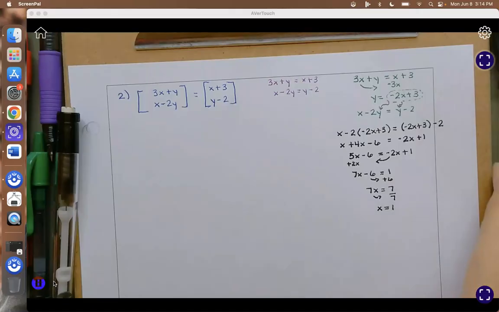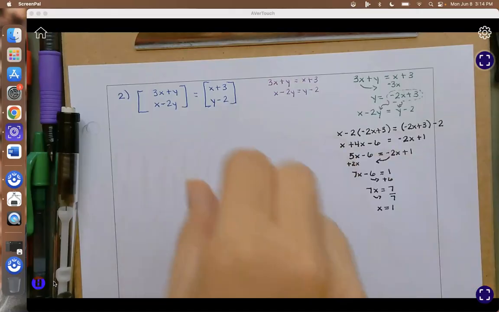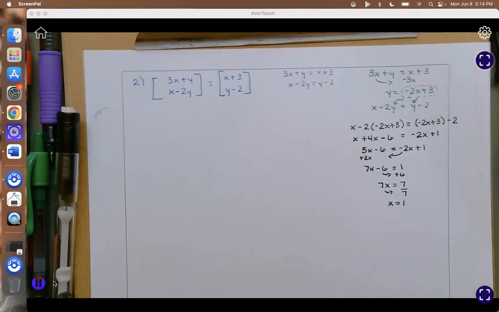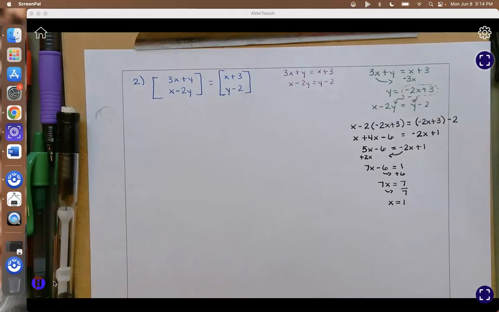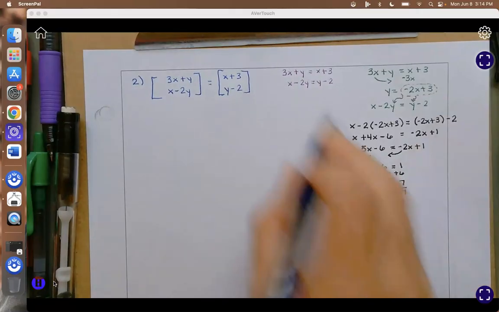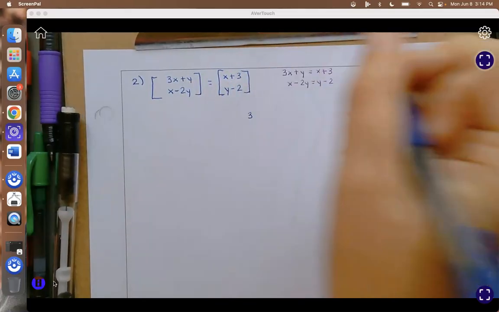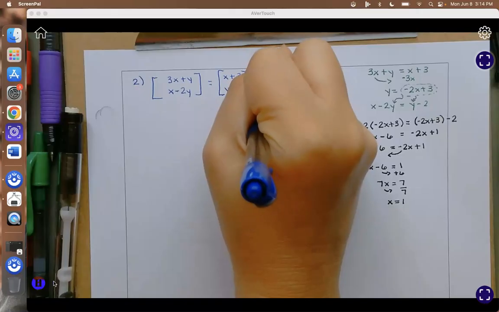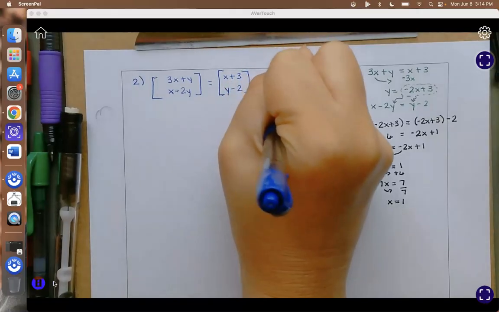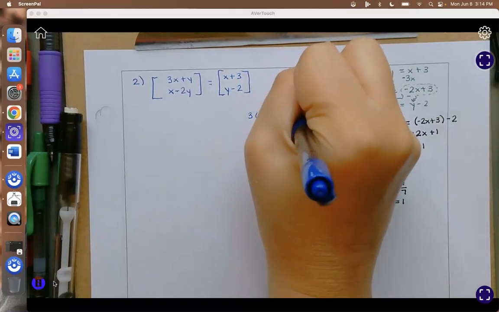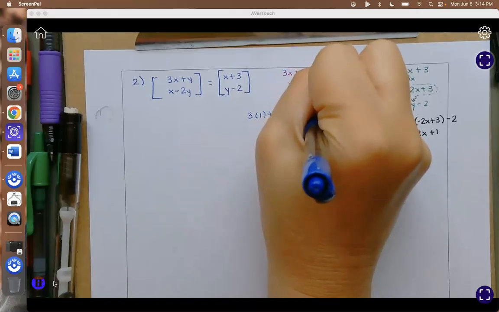Now, remember, we plug this back into the first equation. So x is 1. So we plug in a 1 here. We plug in a 1 here.